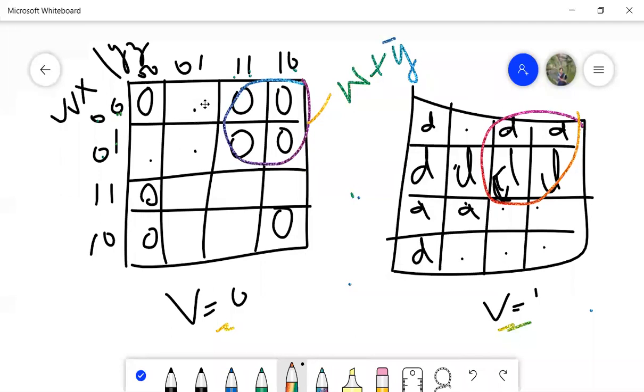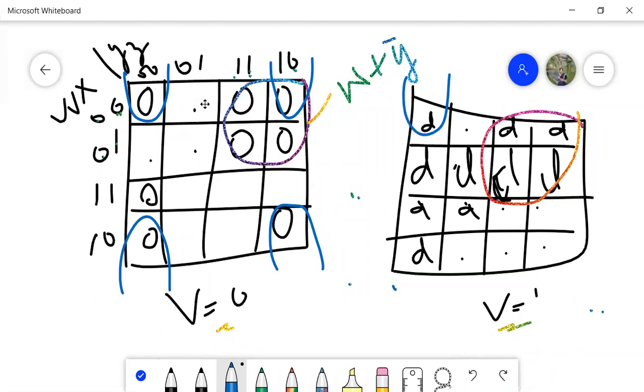Then what else do I have next? You have to see if you will get any other quad. Now if I see, I will get one quad, this one, this one, this one, this one, over here. I'm only trying to cover the zeros using the don't cares. This location is vacant, so I cannot get an octet over here.